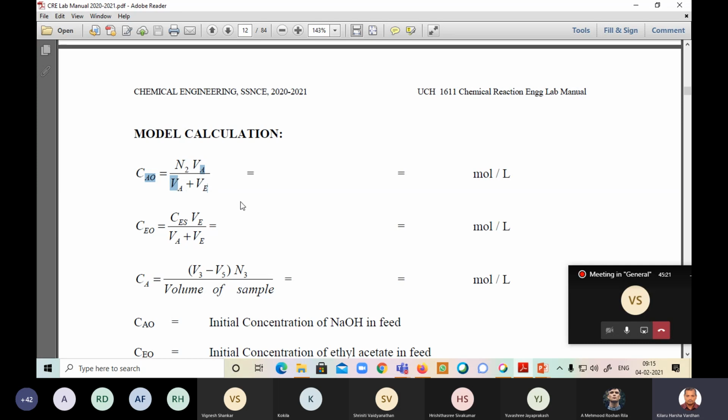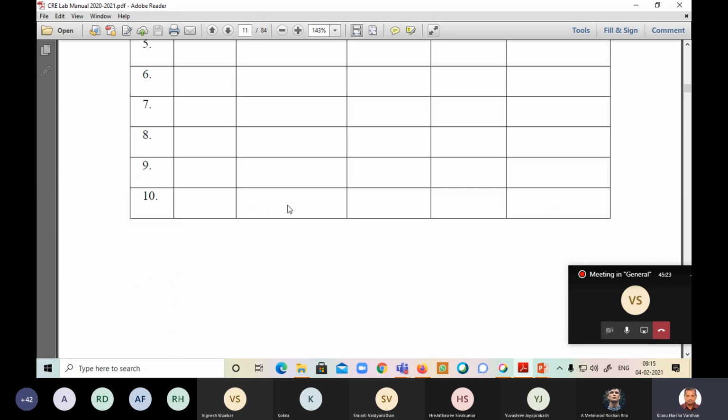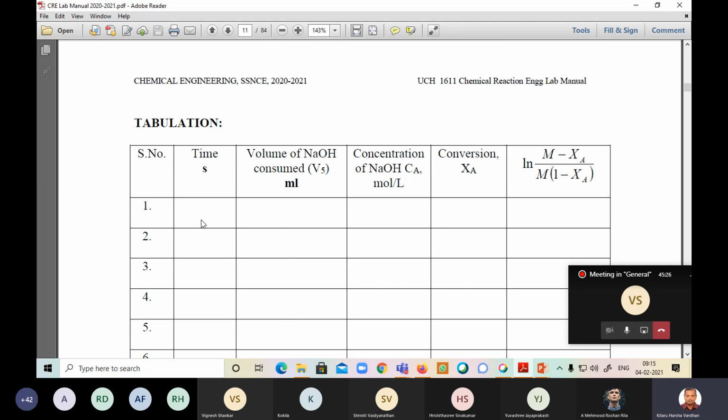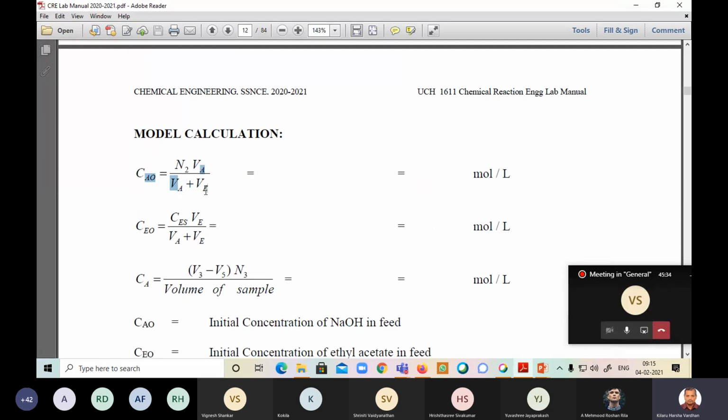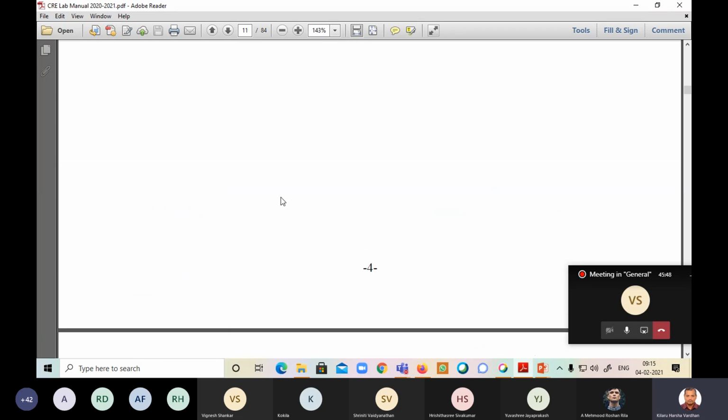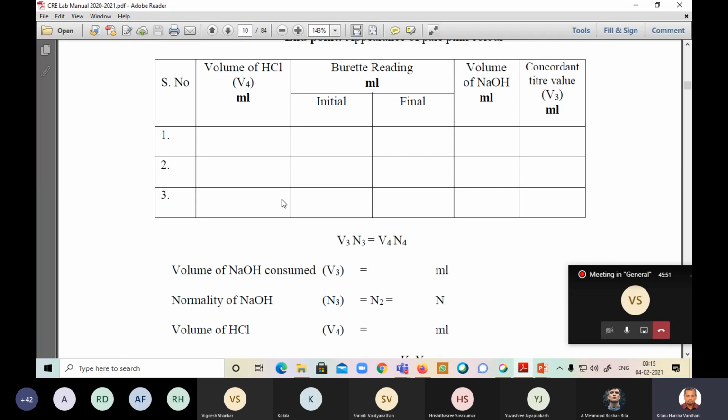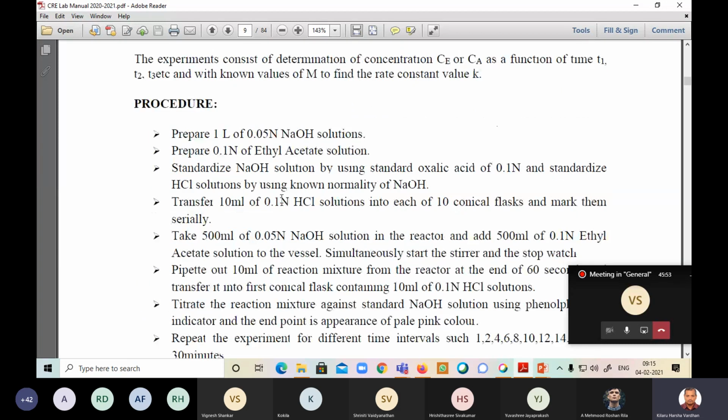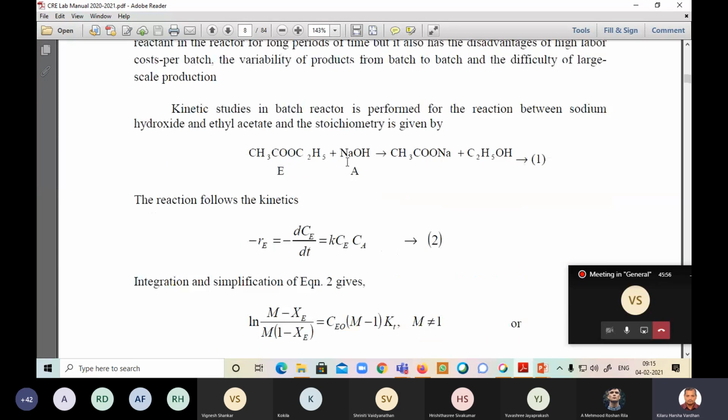Don't bother about what they are giving in the data set. We want in the data set only this value and this time. Understand? What VA and VE are, you have to take from your procedure. Now CA0, the initial concentration of A. Don't get confused about A and B. A is NaOH, that is what we are taking.